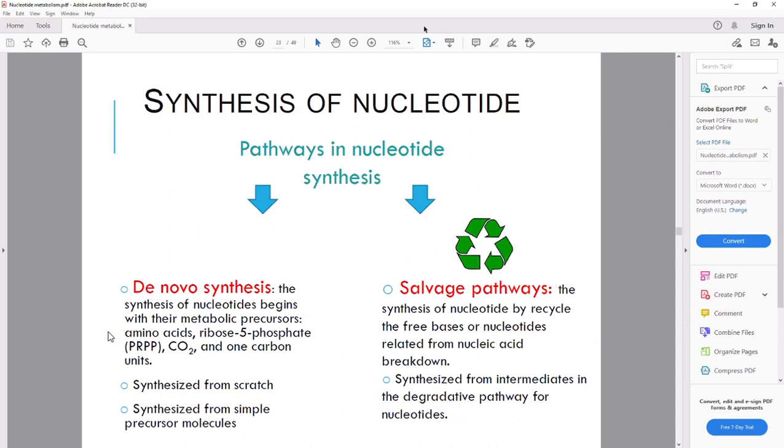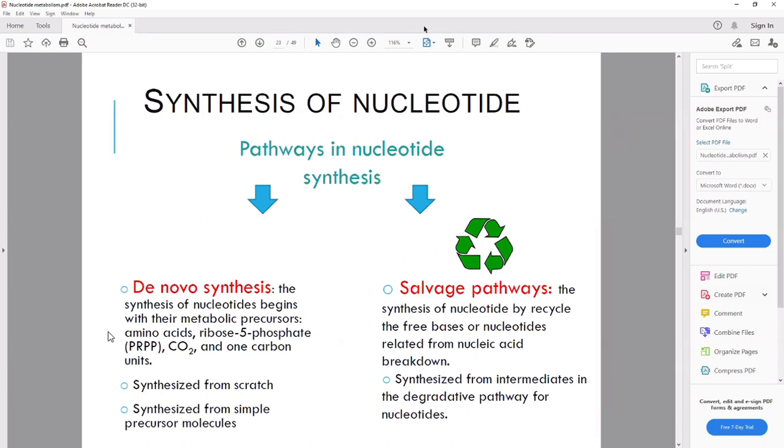As for whether they are simultaneous, not exactly, but once the salvage pathway occurs, it is going to be cycled, because the importance of the salvage pathway is that it helps to balance. We don't want any increased uric acid formation.